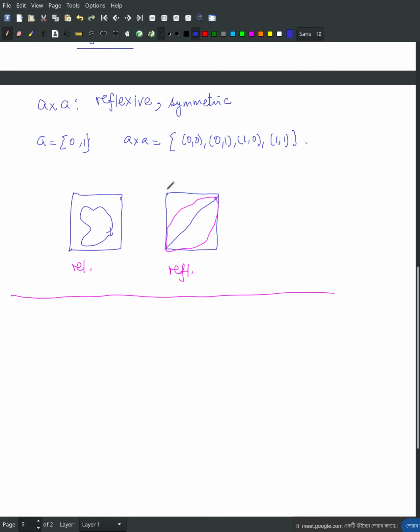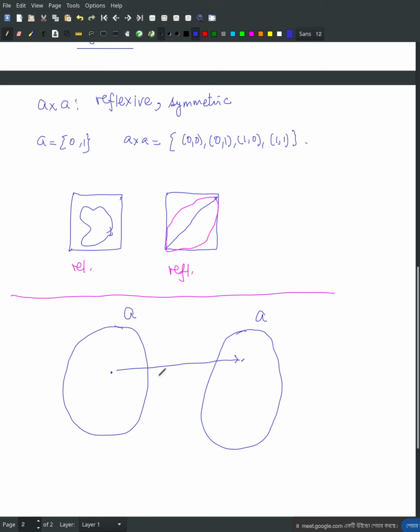Another possible way to picture this would be like this. So these are two copies of A, and I shall write an element which is related to this by something like this.